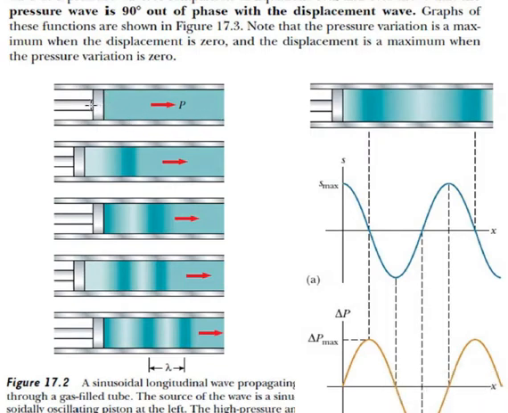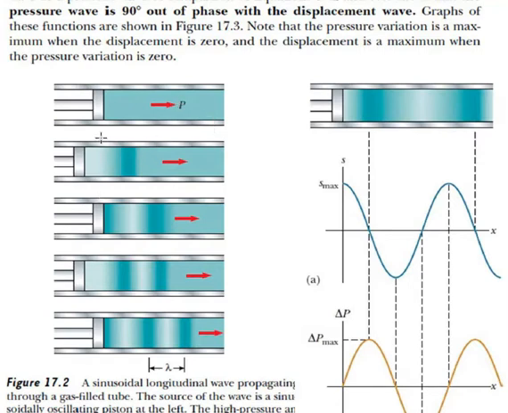This is the piston. When it is moved into the tube, it will produce a compression. When it is moved back, it will produce a rarefaction, a region of lower pressure. How much lower? Lower than the normal pressure.